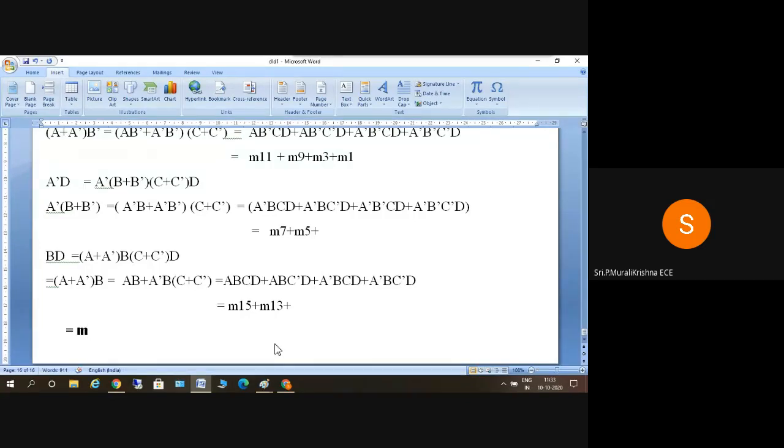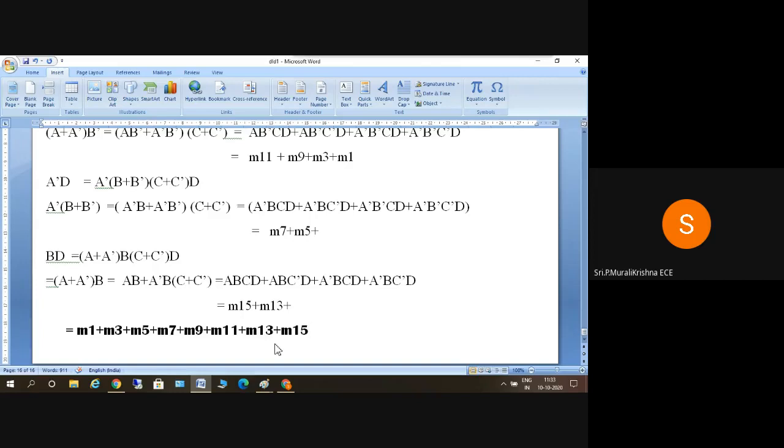So it is M1 plus M3 plus M5 plus M7 plus M9 plus M11 plus M13 plus M15. Okay, so these are the min terms.